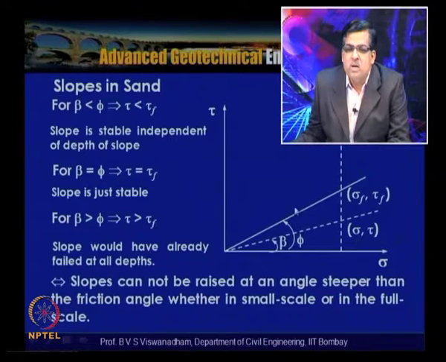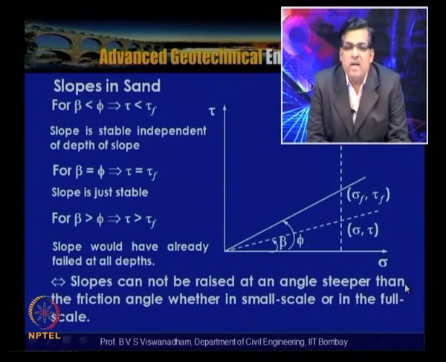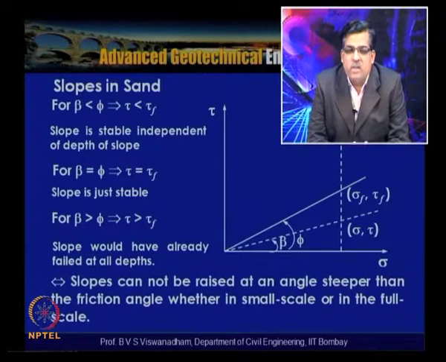So slopes cannot be raised at an angle steeper than the friction angle, whether in small scale or full scale tests, when you do not use any reinforcement inclusions. For slopes in sand, when beta is less than phi, for all levels of sigma, tau will be less than tau f.